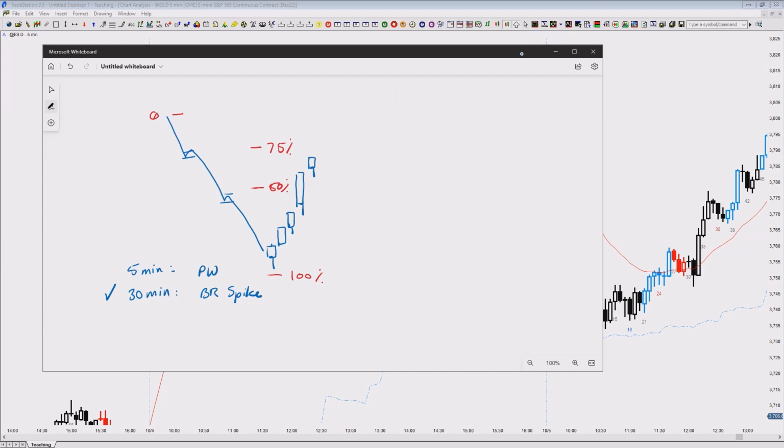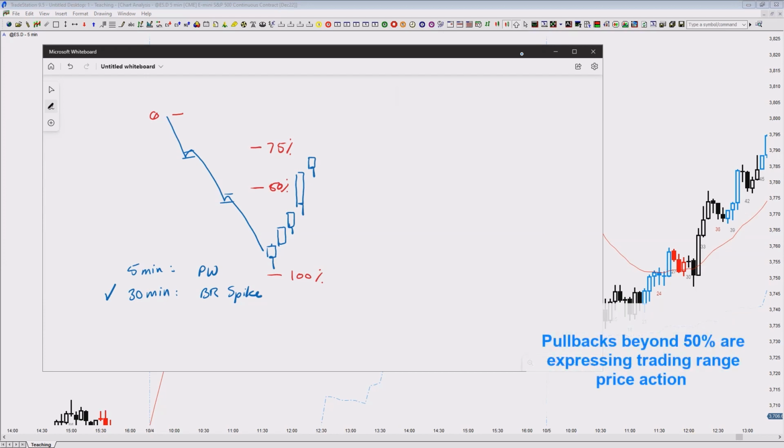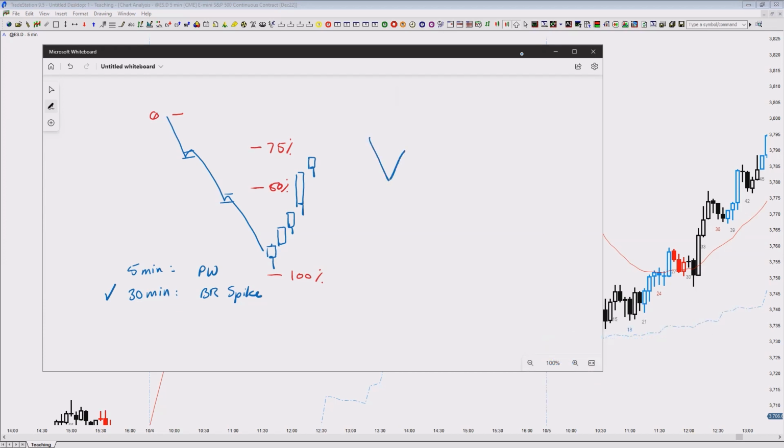Because once you get past the midpoint and get up to 65, 70, 75%, then this is showing you trading range price action. Your big move down was matched equally by a big move up, and it is not finished yet. This usually results in more sideways.